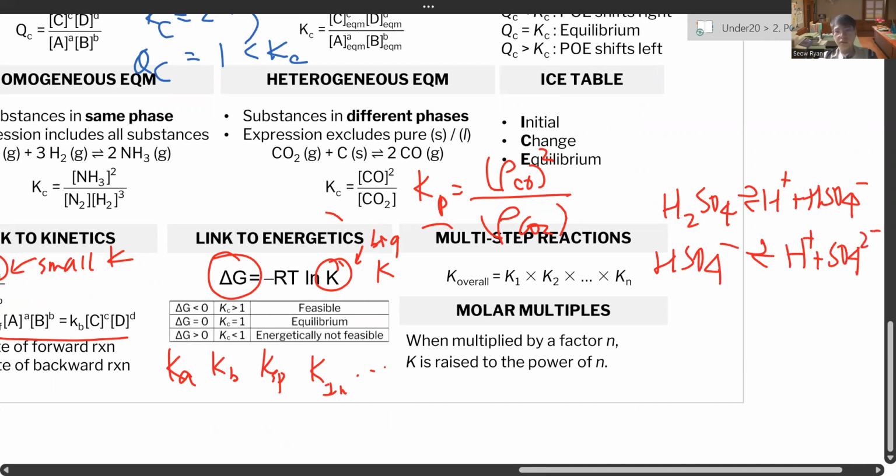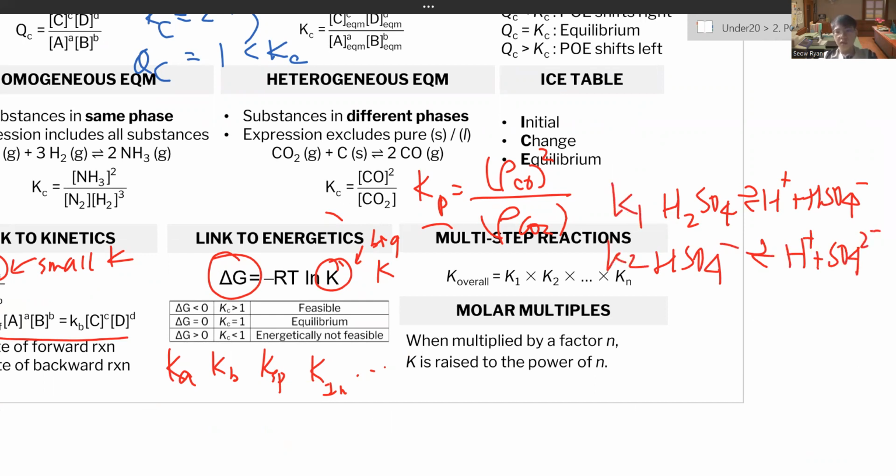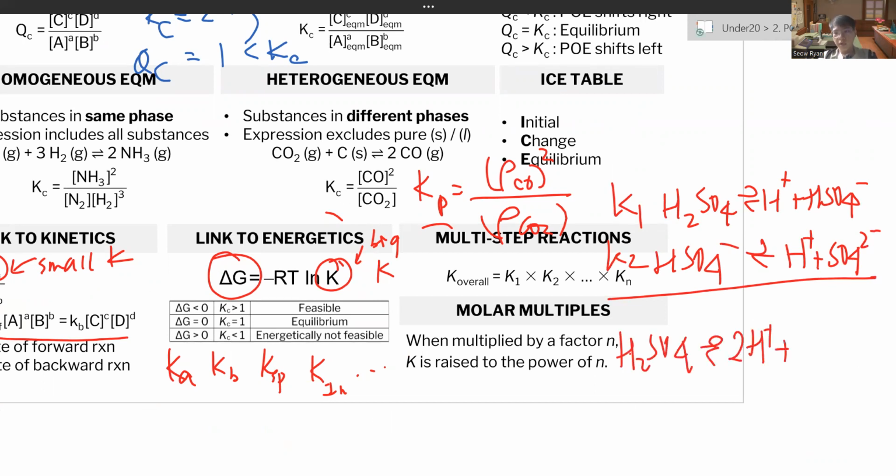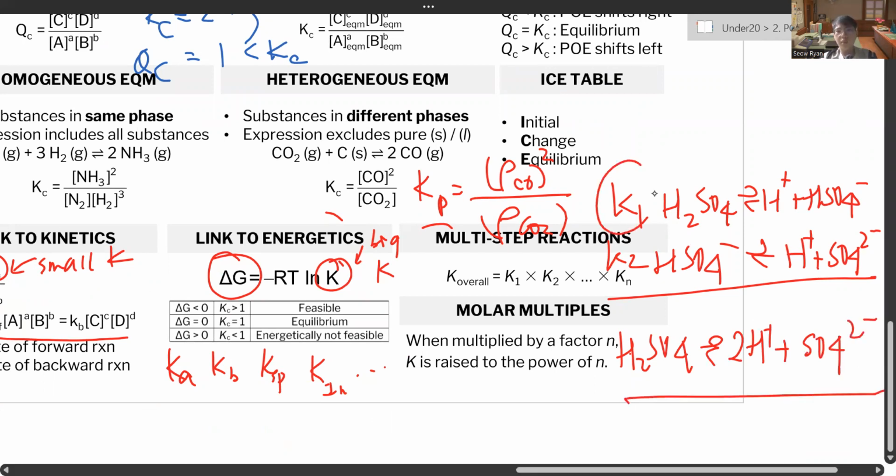If this is K1 and this is K2, the overall reaction, which is H2SO4 forms 2H+ and SO4 2-, has an overall equilibrium constant of K1 times K2. Simple as that.